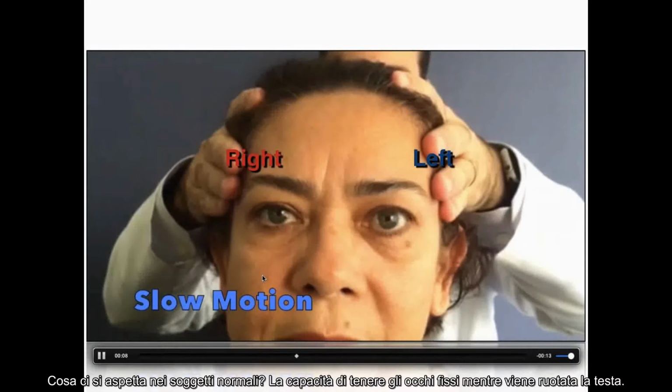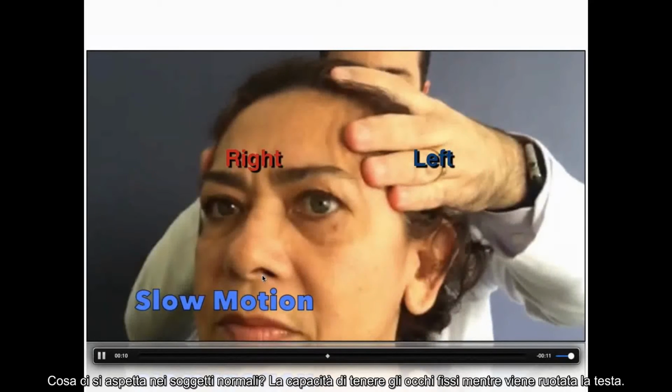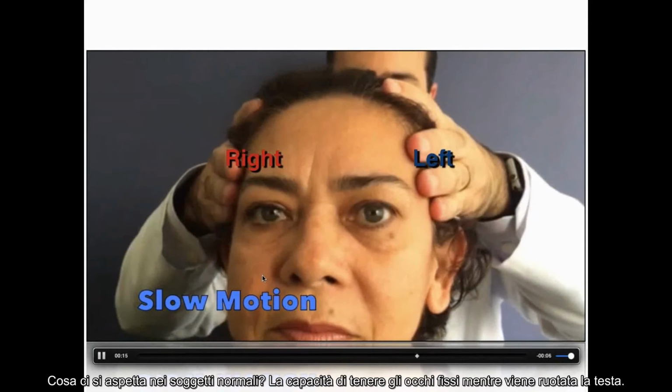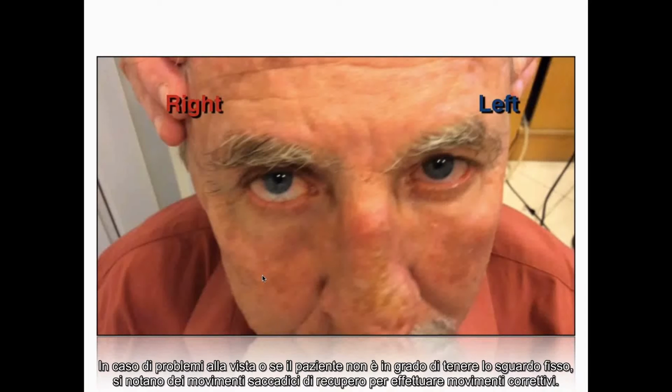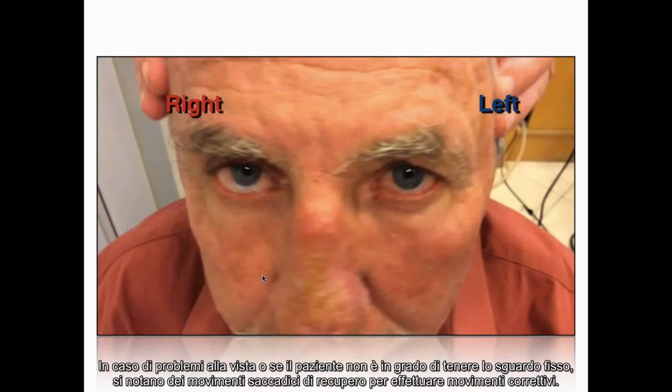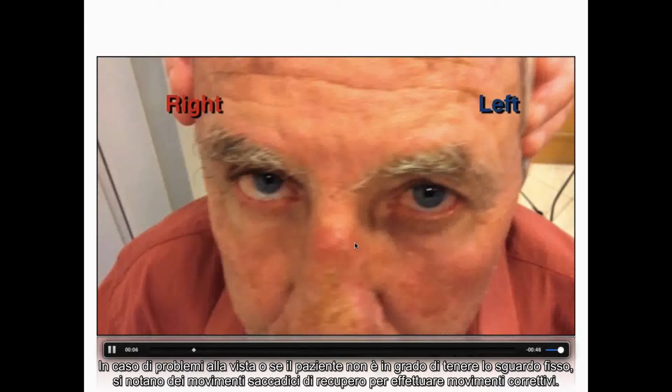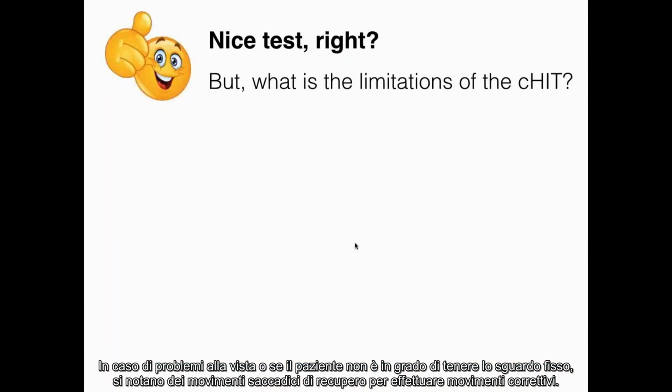In normal subjects we expect the ability to keep their eyes steady on target while we move their heads. But if you have a deficient VOR, the patient cannot keep their gaze stationary, and you can see catch-up saccades making corrective movements.